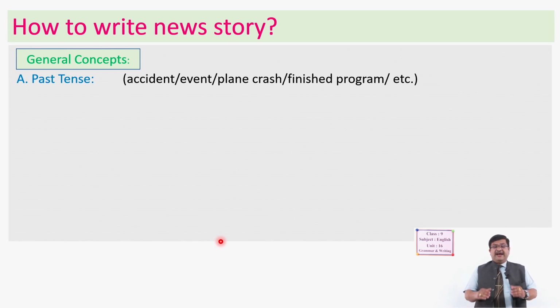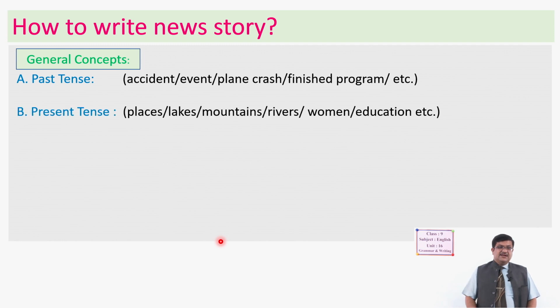See, when we write the news story, sometimes we use past tense, sometimes present tense. When the issues are related to an accident, event, plane crash, finished program and so on, generally we write the news story in past tense.